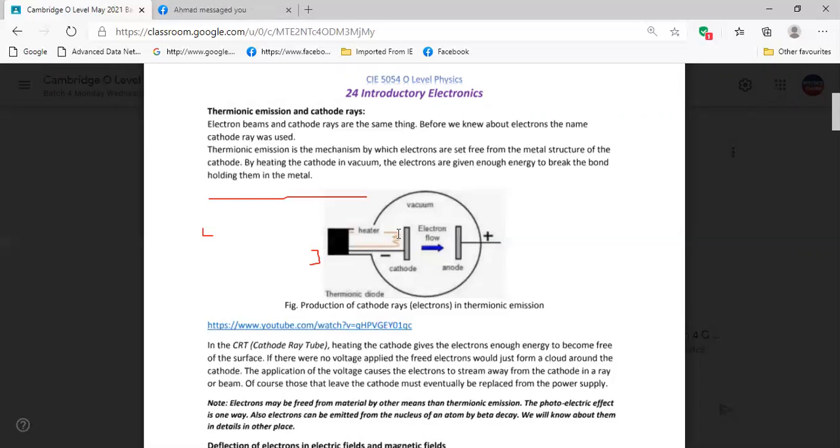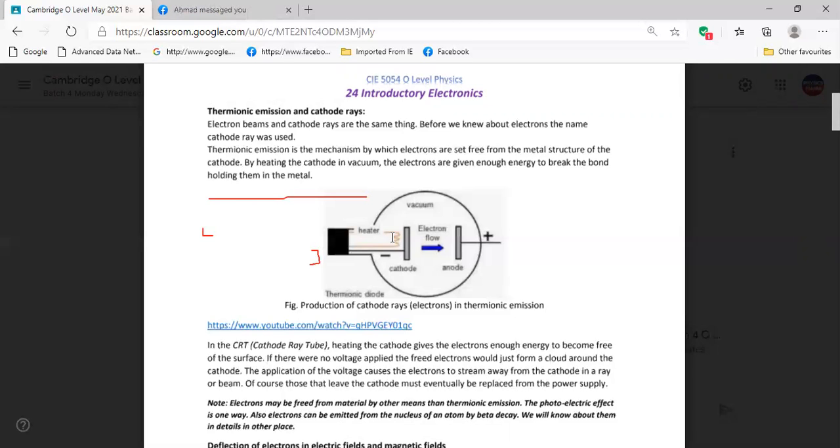Look, here we have mainly the electrons coming from the heater, the hot filament. When we are giving high temperature to anything, the atoms and the electrons become excited, right?